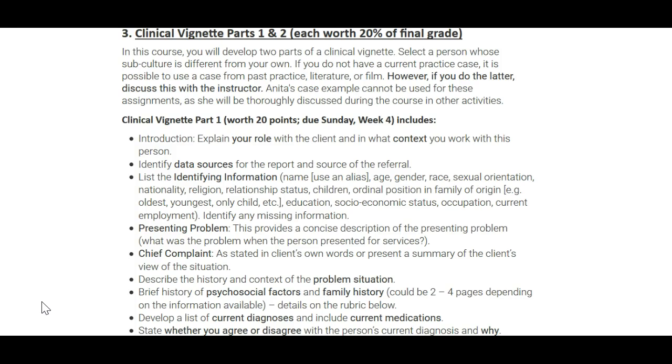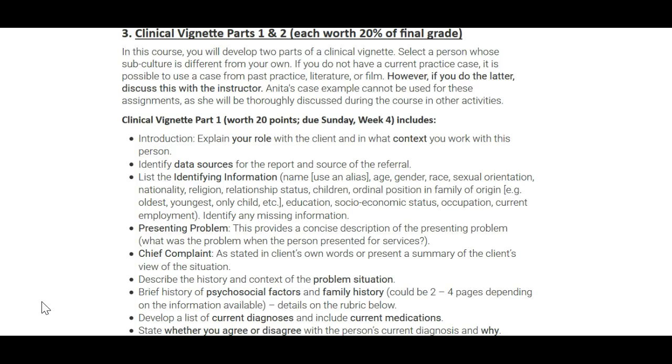So let's go over the outline here as well, and I will just talk you through some of the formatting and how to answer the questions thoroughly. Okay, so of course, introduction, explain your role with the client and the context in which you work with the client.